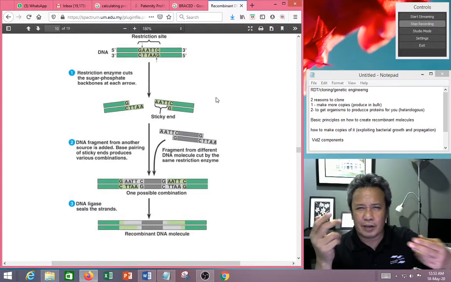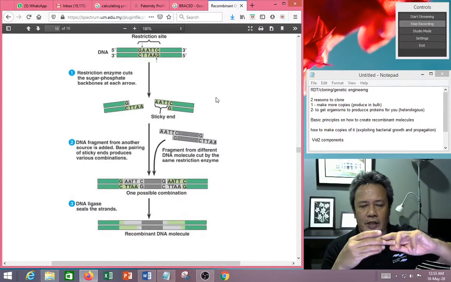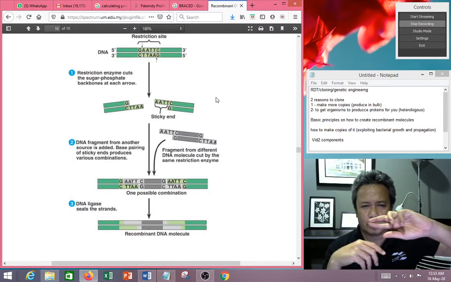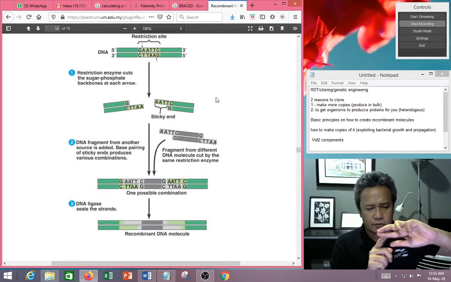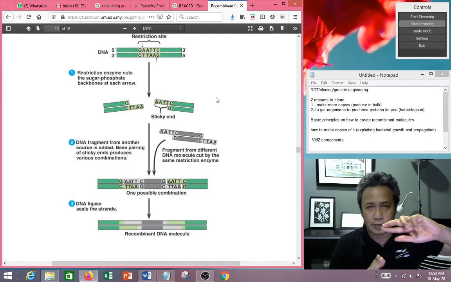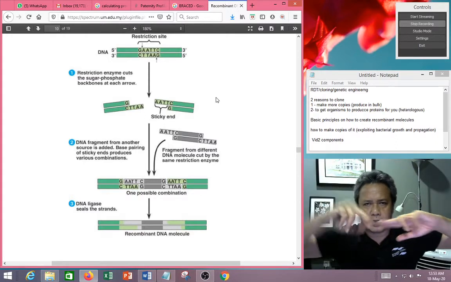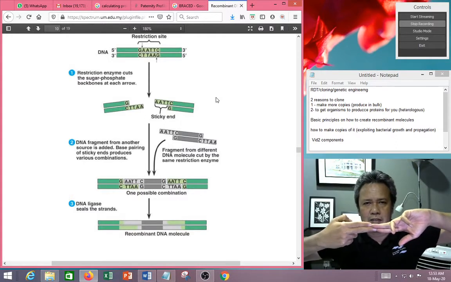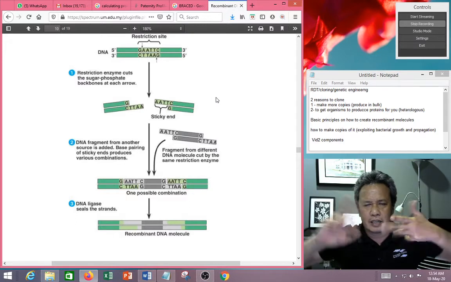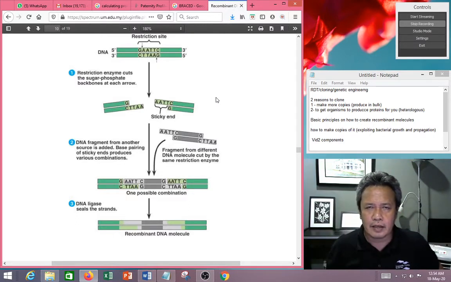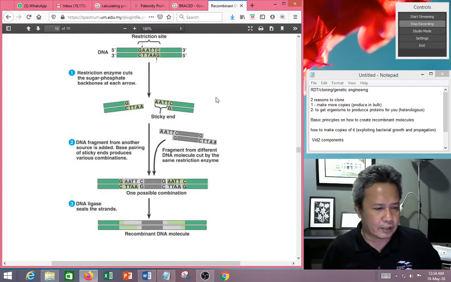I mean, if you have a piece of a string of DNA, right? If you have two pieces of a string, you can cut them straight, or you can cut one and the other in a different place so that it becomes like that, you know, or it becomes like that. So these are different ways of cutting these two strands of DNA.